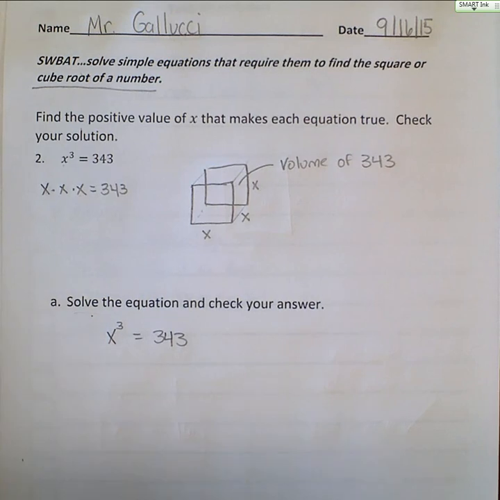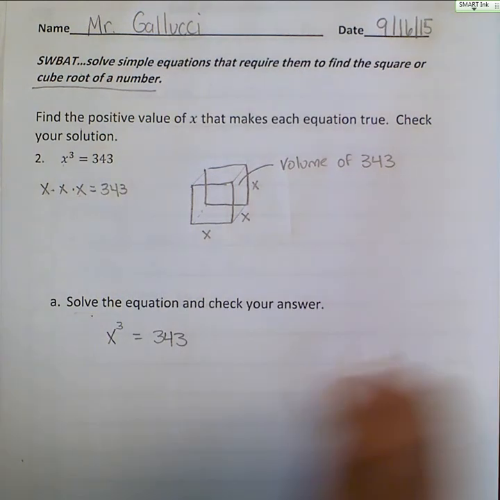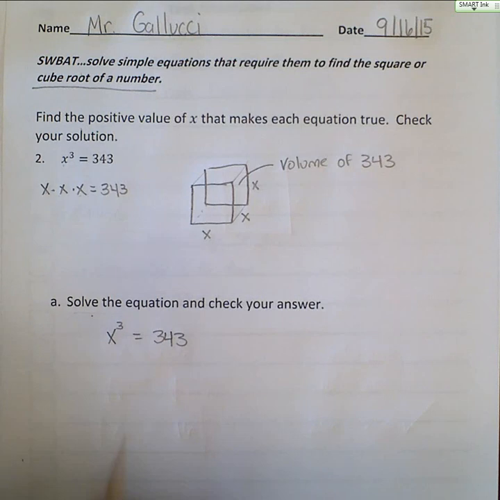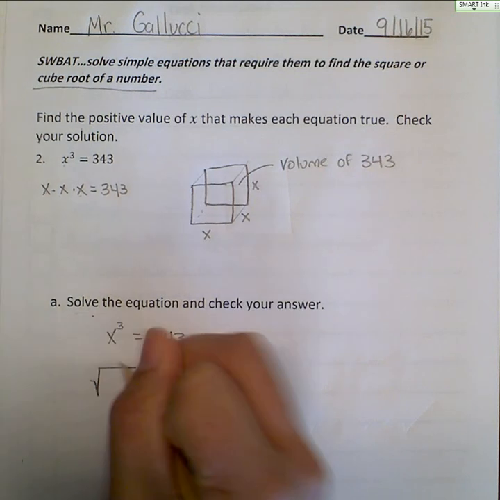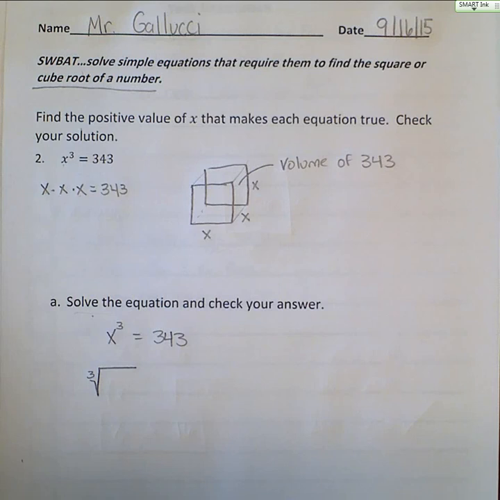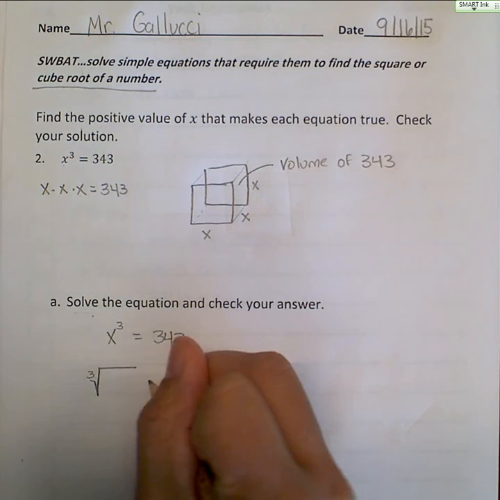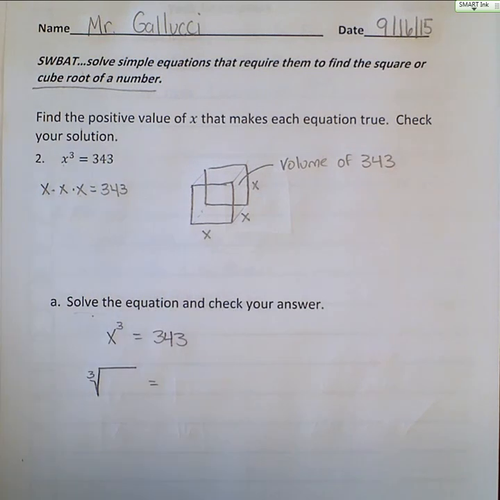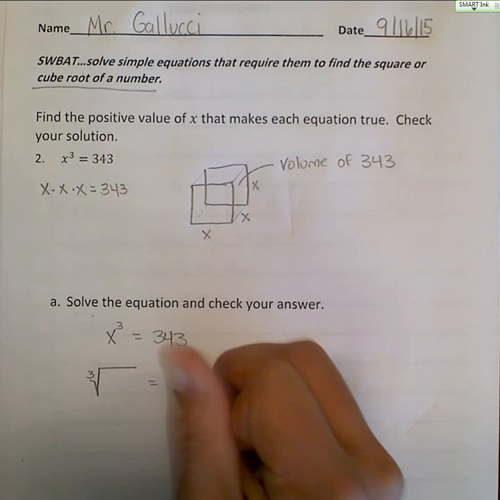That should signal you to say, well, a square number, I take the square root. When a number is cubed, I take the cube root. And it's a new type of symbol. It looks just like the square root symbol, only our index here is a 3. We put a little 3 up there, very small.